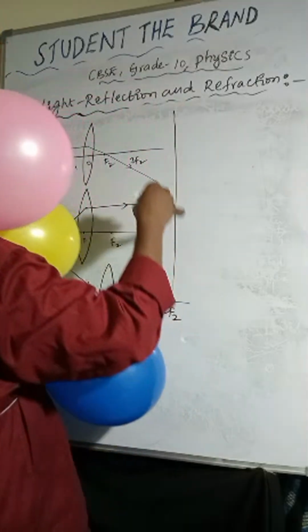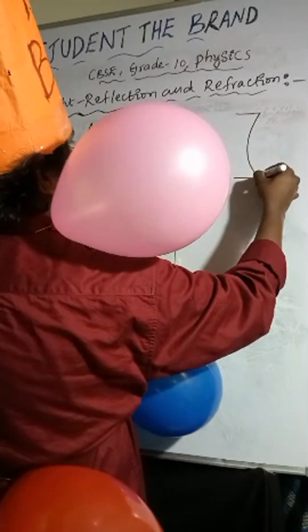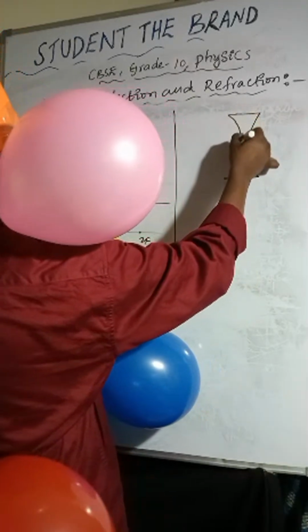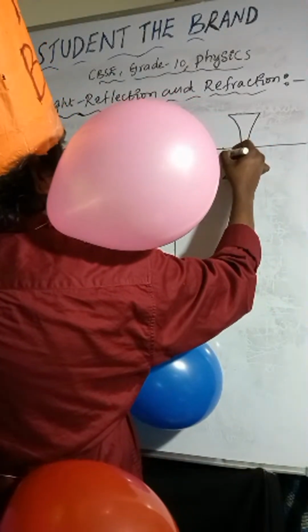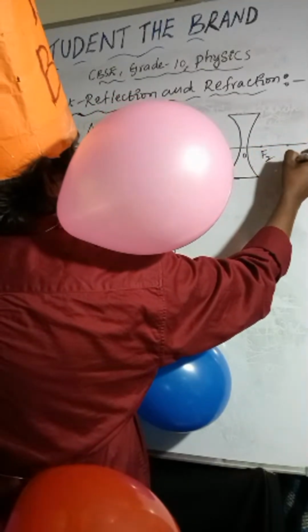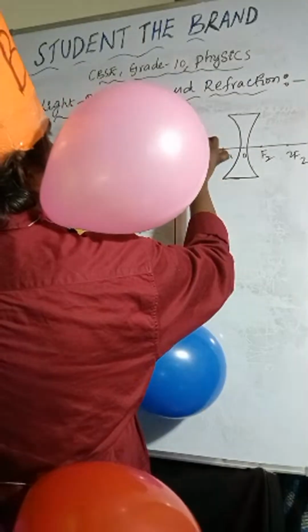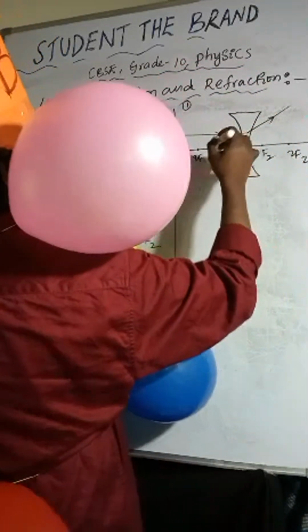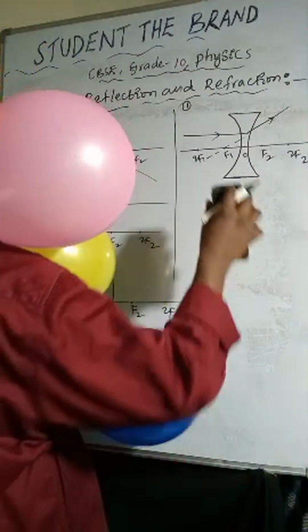And coming to the next one, concave lens. Optic center, F1, 2F1, F2, 2F2. So ray rule 1, light ray is coming from infinity, after refraction it passes through focus.